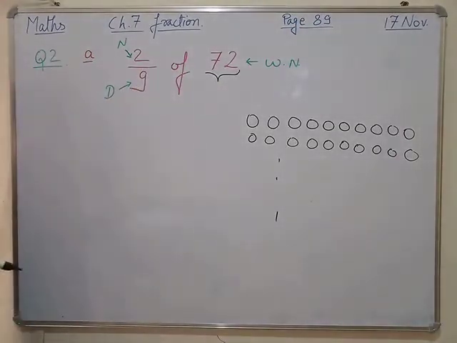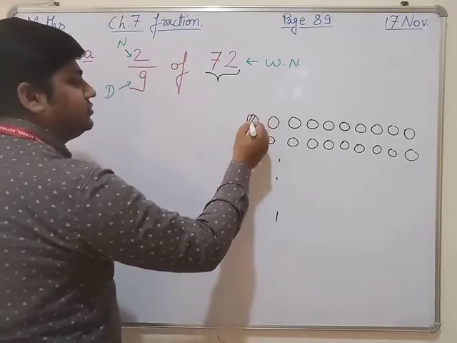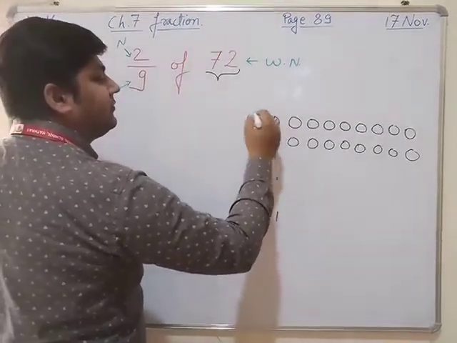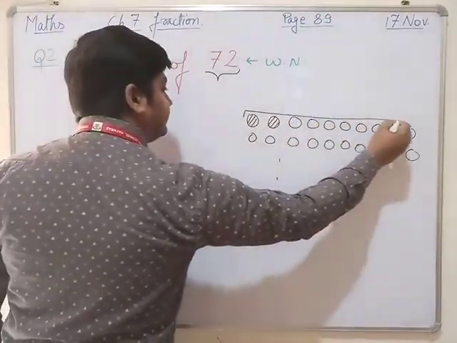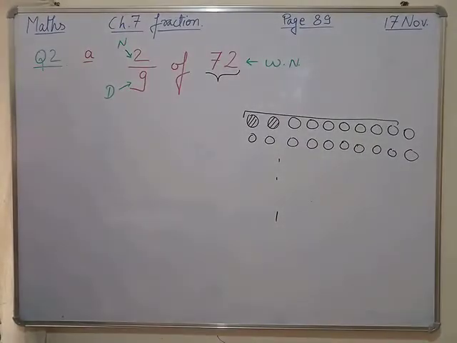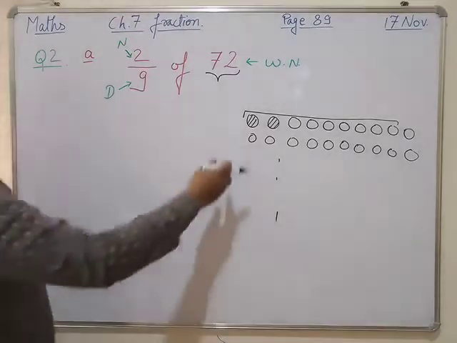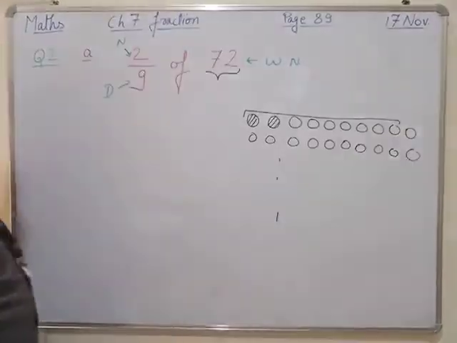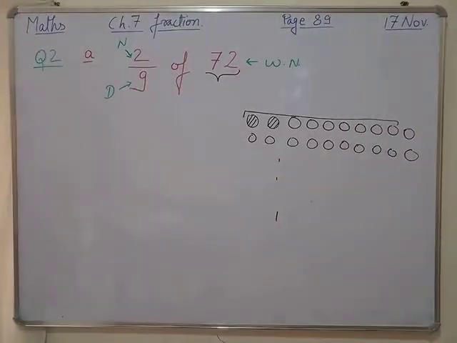It means from 9 balls you have taken 2 balls. Let's say these 2 balls you have taken from the first 9 balls. That's how you have to take balls from the 72 balls.